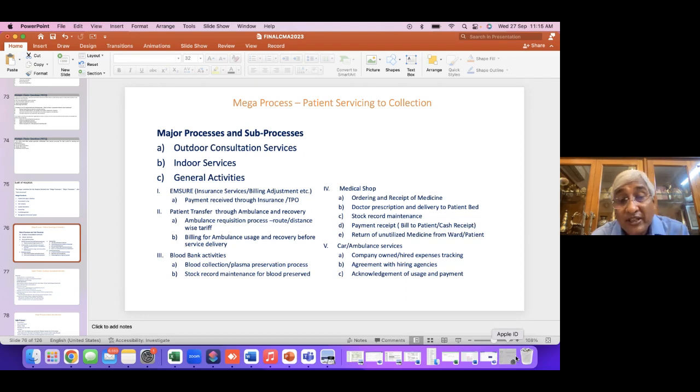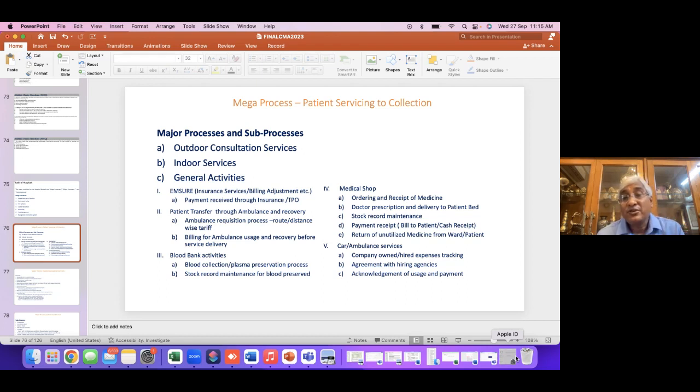Then stock record maintenance for the blood preserved, and again the process of issuing blood therefrom at the time of operation or any other emergency requirement, they have to monitor it properly, because otherwise the blood taken from the blood bank of the respective hospitals, the money spent on that may or may not be collected. So they have to ensure the full collection of the revenue in this aspect also.